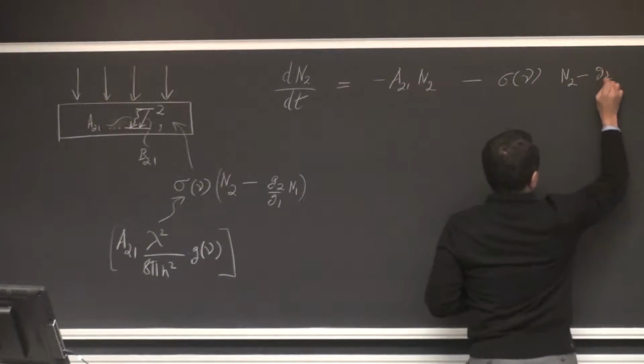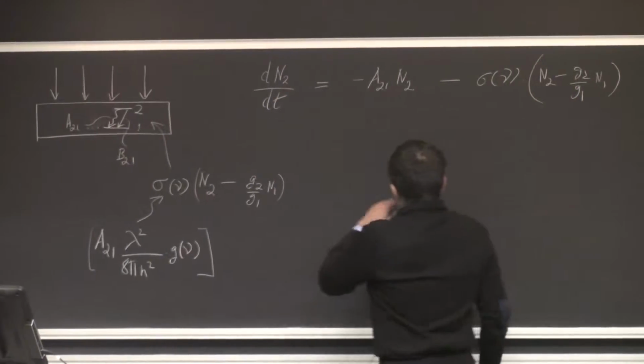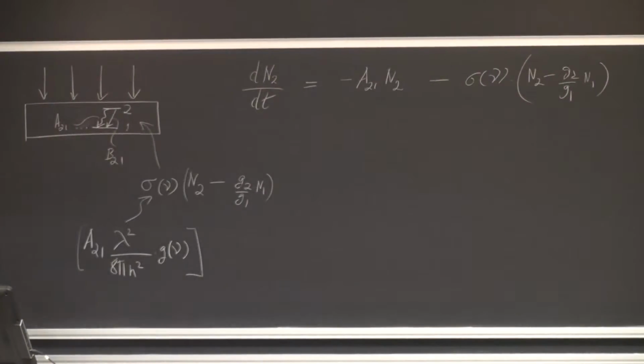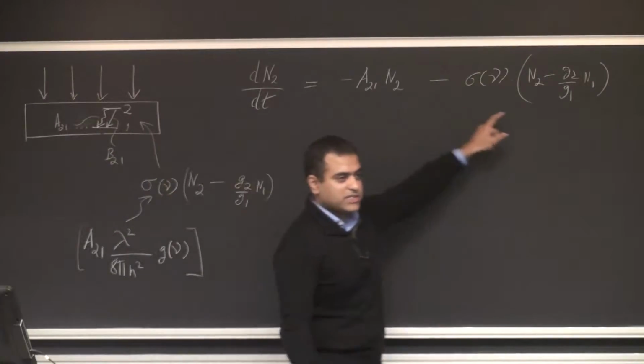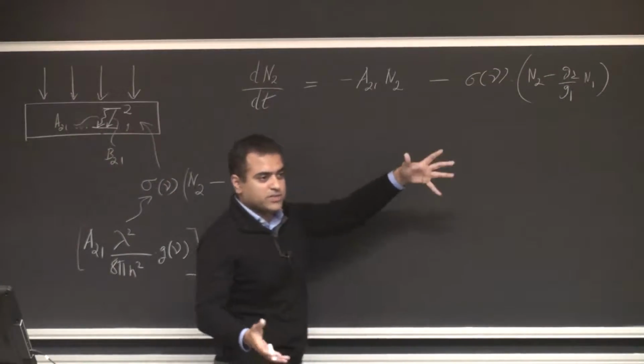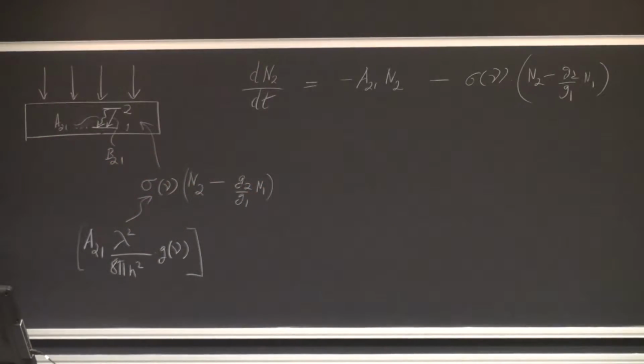N2 minus g2 over g1 times N1. So that's your rate equation for any such process. This is a 2-level process. And later, we're going to see what happens if you have 3 levels, 4 levels. No problem. All you need to do is keep track of all possible changes, down, up, add them all up. They should all be consistent. That's a standard rate equation.